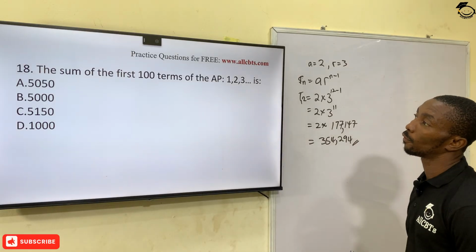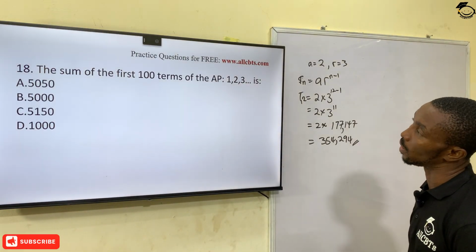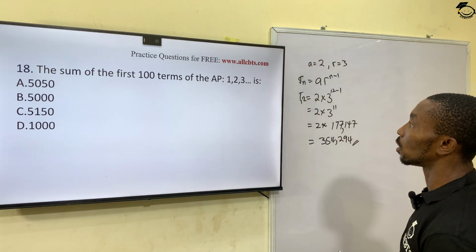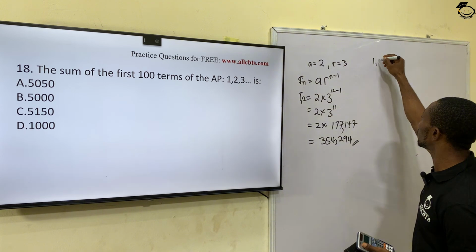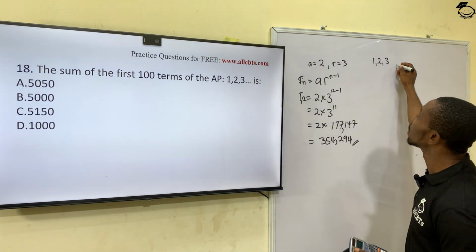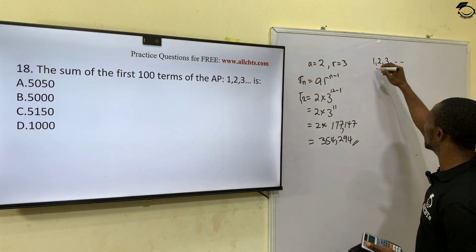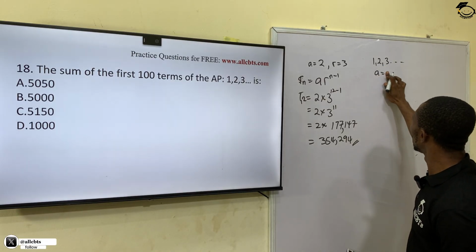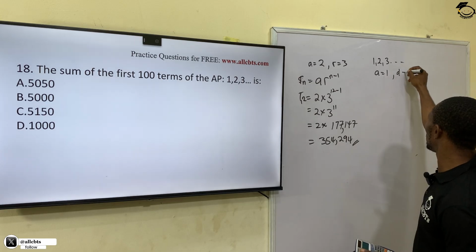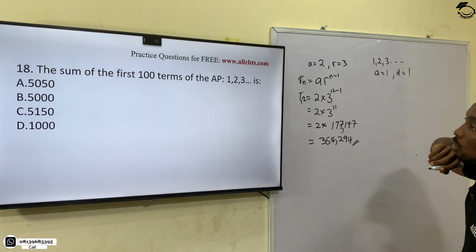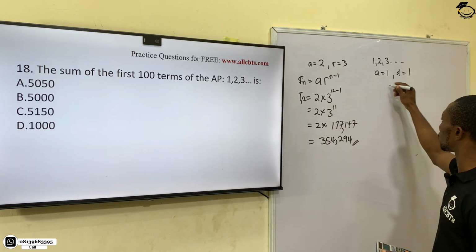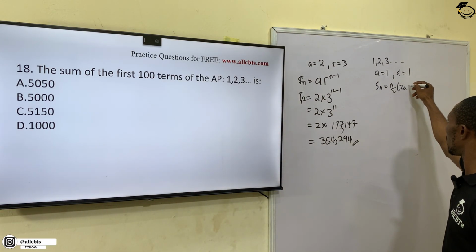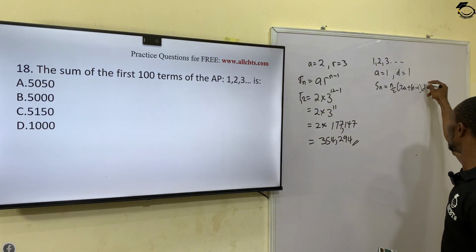Now, the sum of the first 100 terms of the AP 1, 2, 3. Here, our first term A is 1, and our common difference is 1. So looking for the sum of the first 100 terms, we have Sn equals n over 2 bracket 2a plus n minus 1 d.